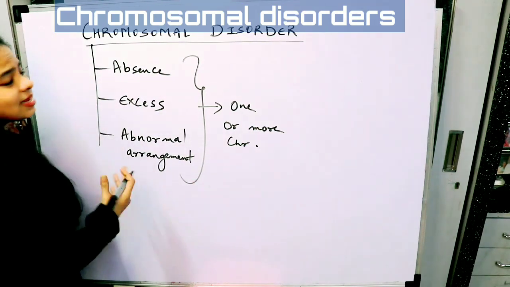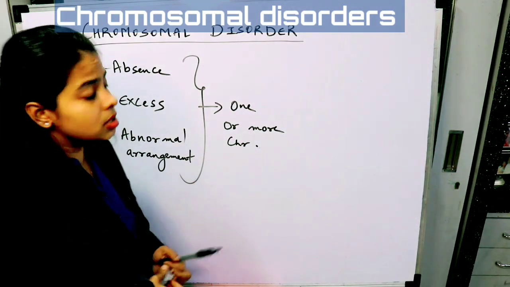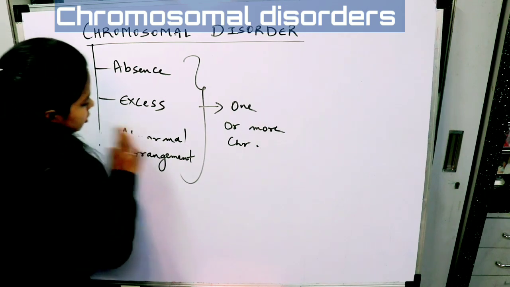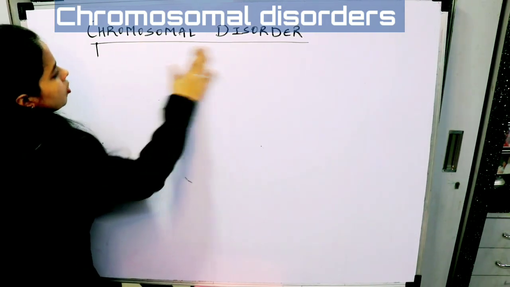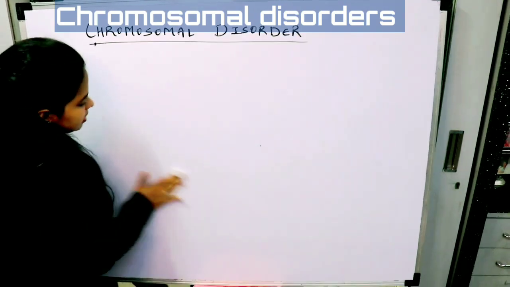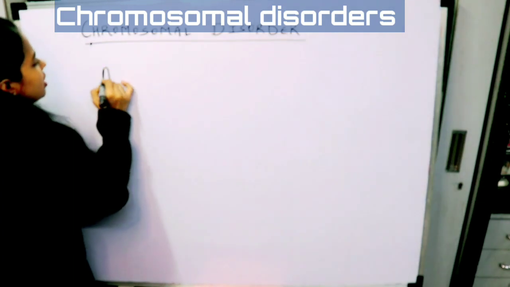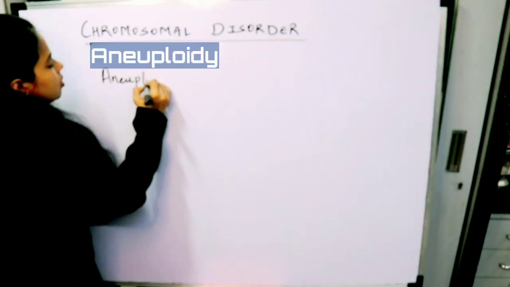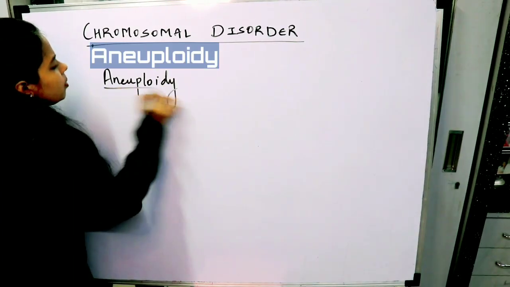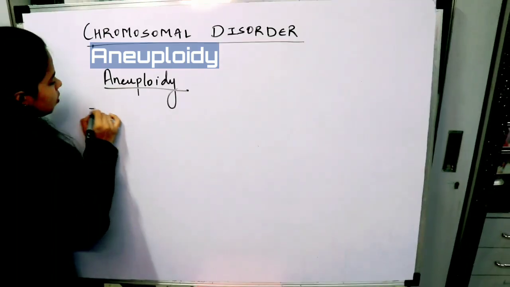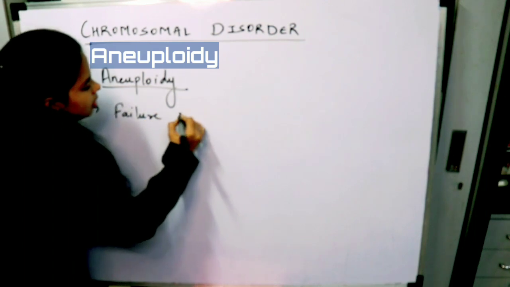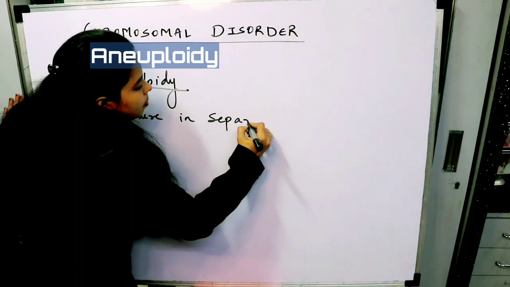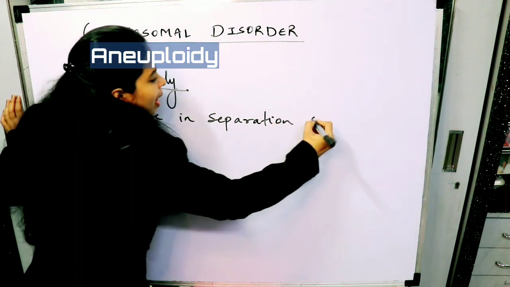Now let's see the different causes of chromosomal disorders. The first cause of chromosomal disorder is the condition known as aneuploidy. Now what is aneuploidy? First of all, why is it caused? Failure in separation of chromatids.